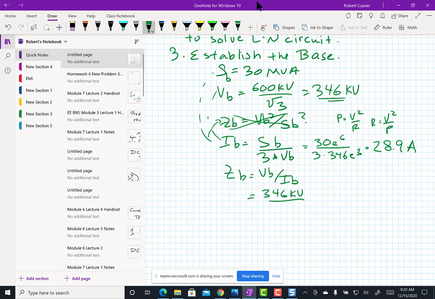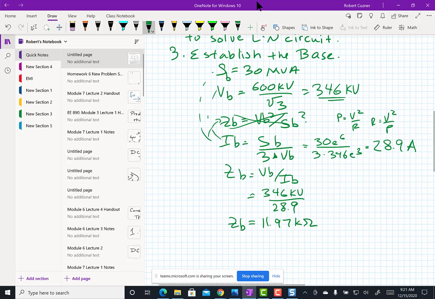So 346 kV divided by 28.9 amps will give me about 12 kilo ohms, or more exactly 11.97 kilo ohms. And I think a good portion of the class got this part right.